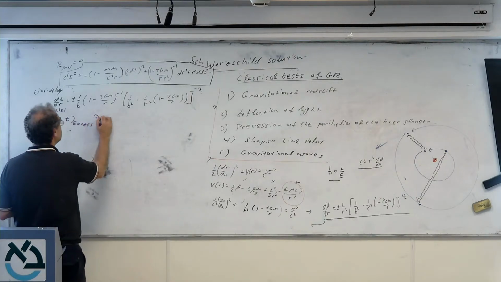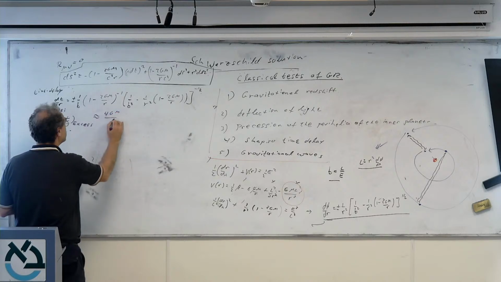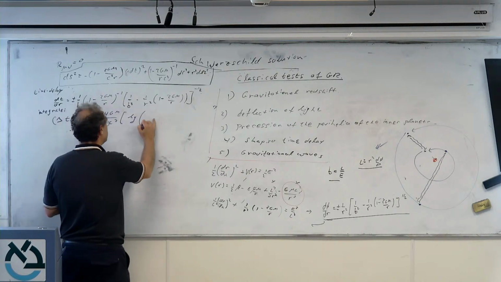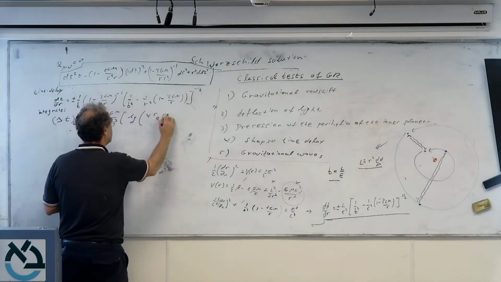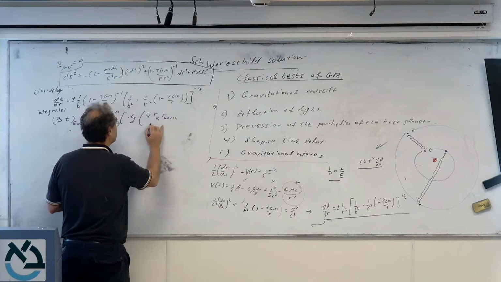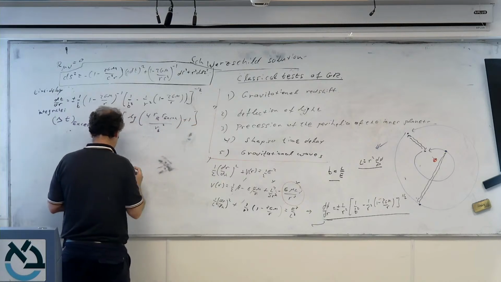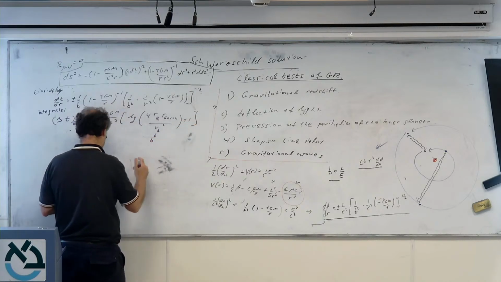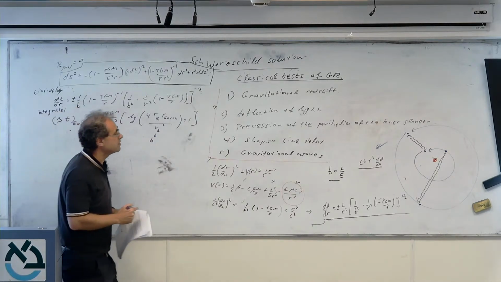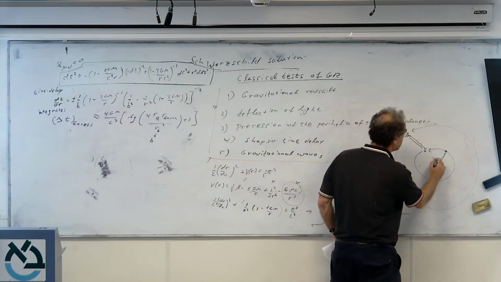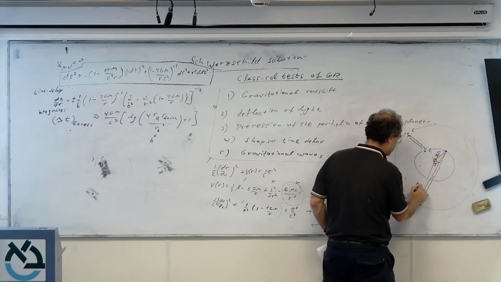It's about 4GM over c cubed times the log of 4 r reflector r earth divided by r min squared, plus 1. This is essentially b, the closest approach to the center.